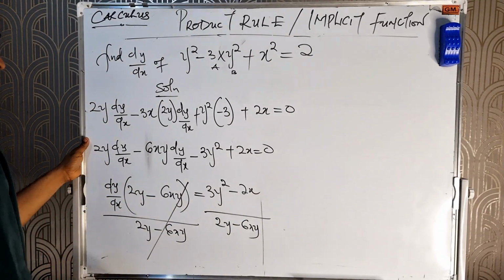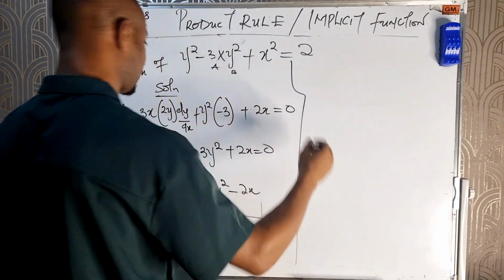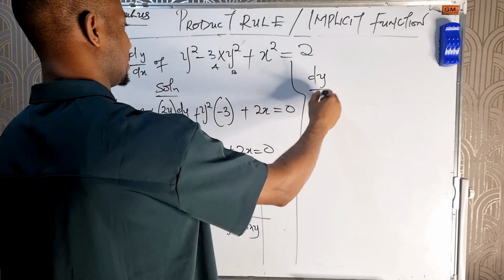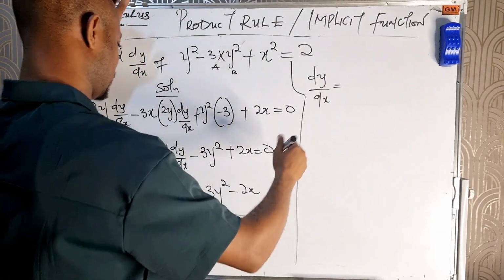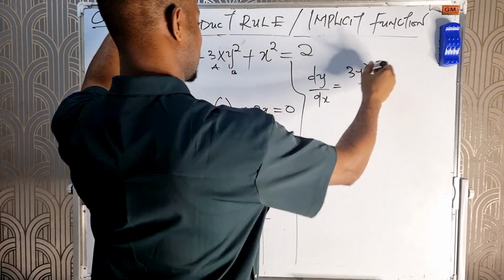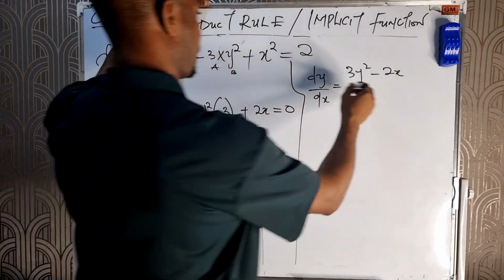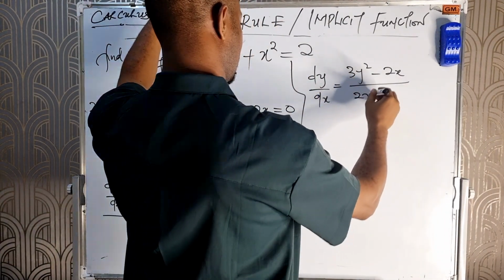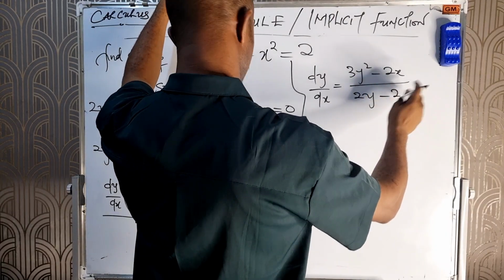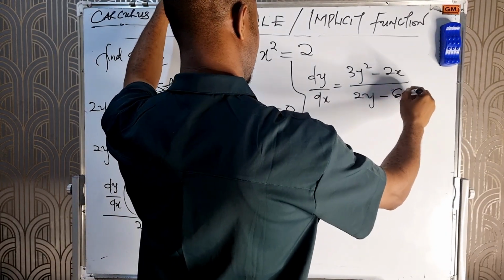So this cancels with this. We are left with dy/dx equals 3y² minus 2x divided by 2y minus 6xy.